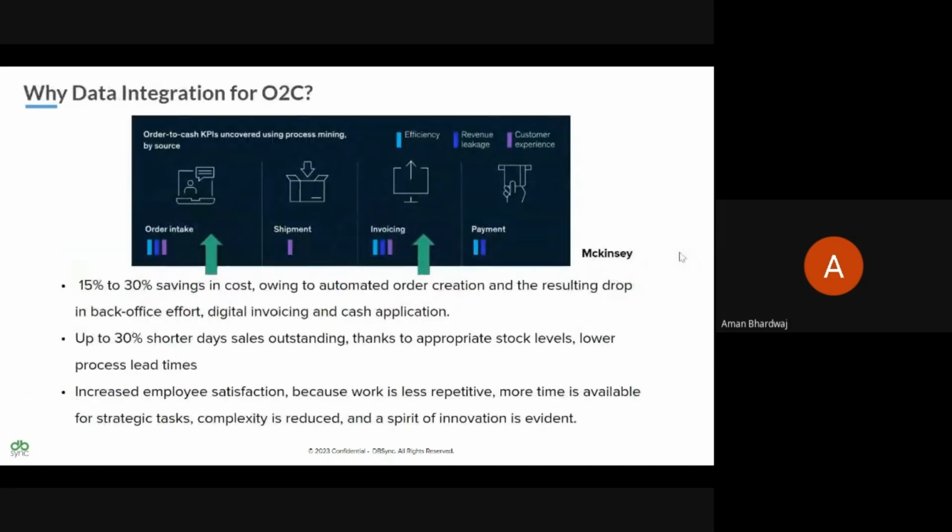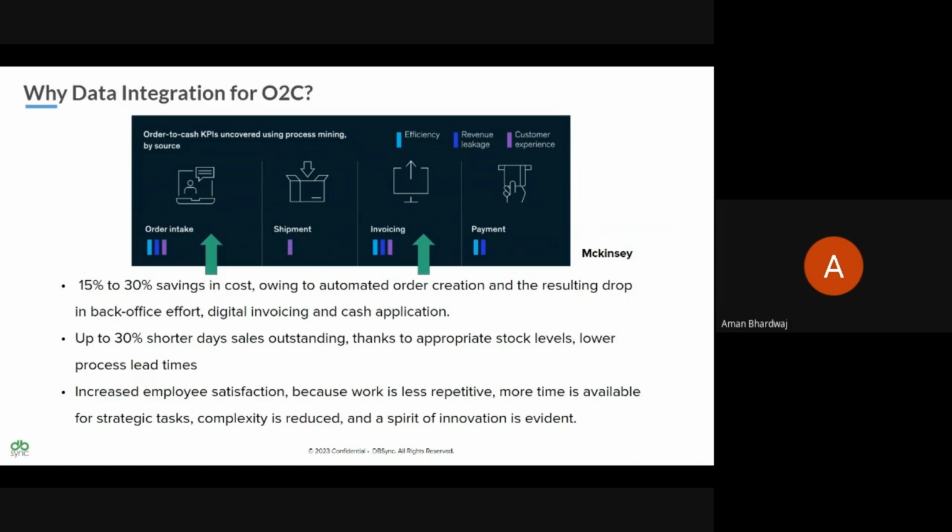All right. So just to recap, we know that these are the pains. So what do we do now? When you talk about order to cash, I think data integration is one of the key technologies that comes up and gives you that solution. And this is a very interesting infographic by McKinsey, which says that whenever you're working across O2C, there are different phases, right?